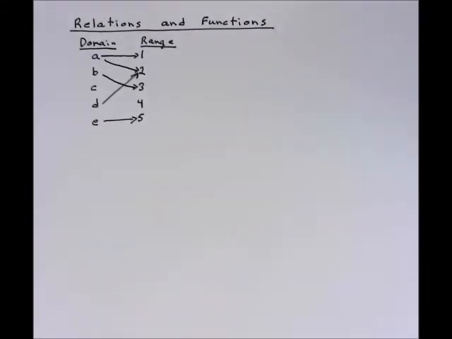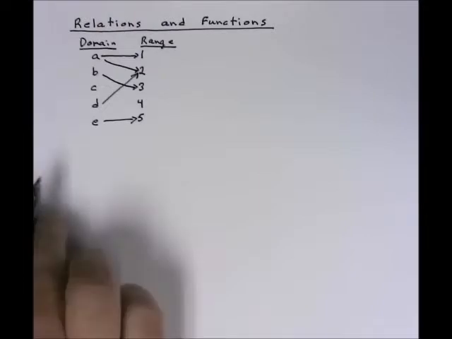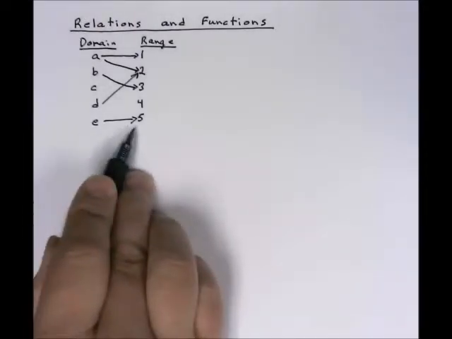And usually you'll see these written as ordered pairs. And in ordered pairs, the domain element comes first, and the range element comes second.